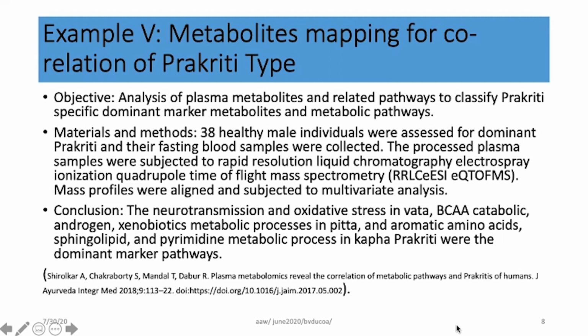After this analysis, they identified that the neurotransmission and oxidative stress can be correlated with Vata. BCAA catabolic, androgen, xenobiotics metabolic processes can be correlated with Pitta, and aromatic amino acids, sphingolipid and pyrimidine metabolic processes were correlated with Kapha Prakriti. And these were the dominant marker pathways for the three respective Prakritis.